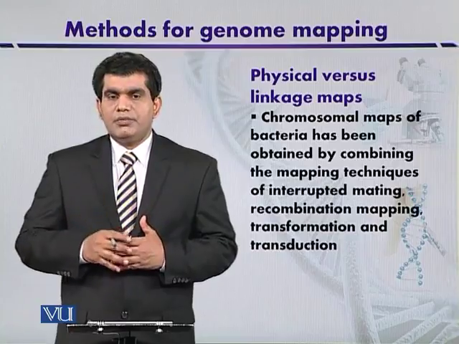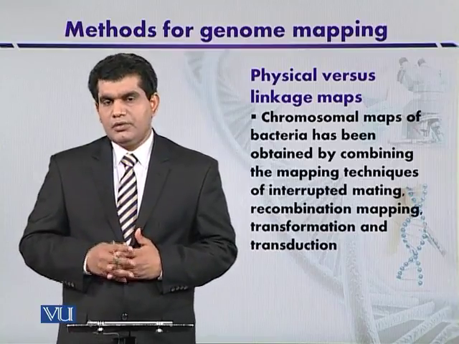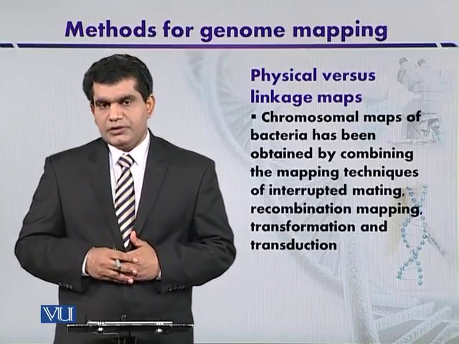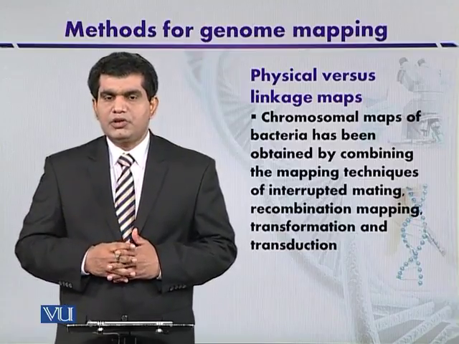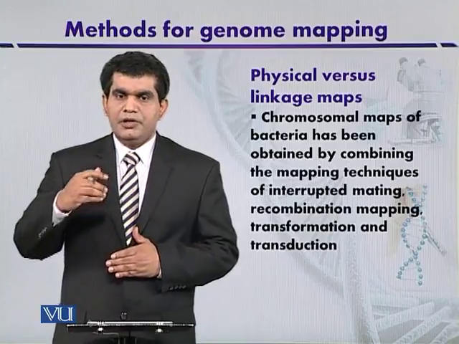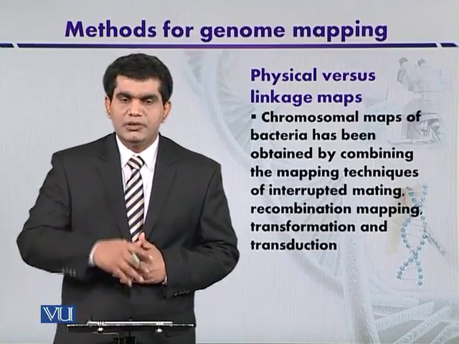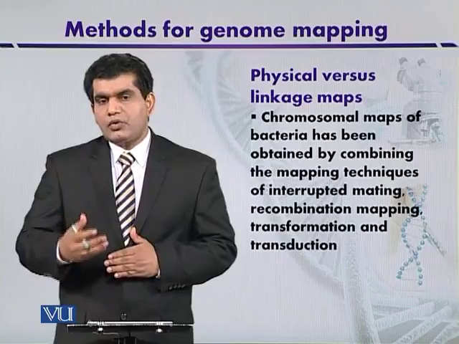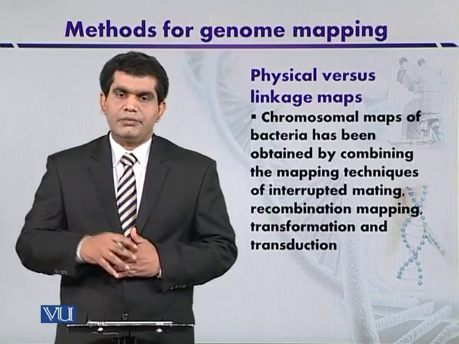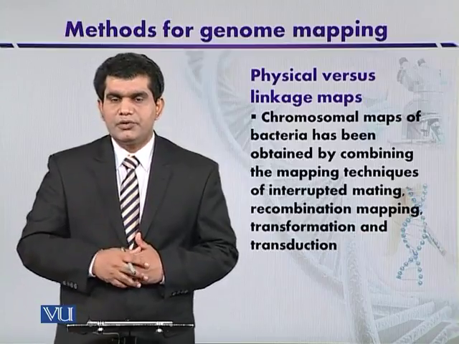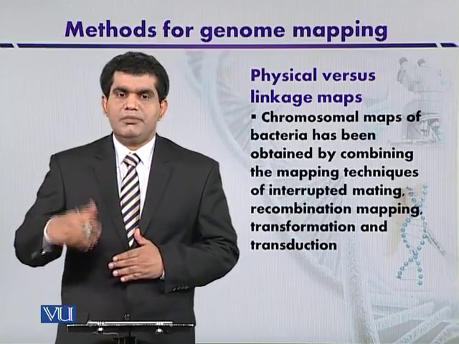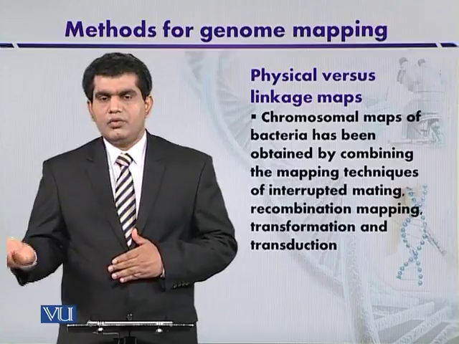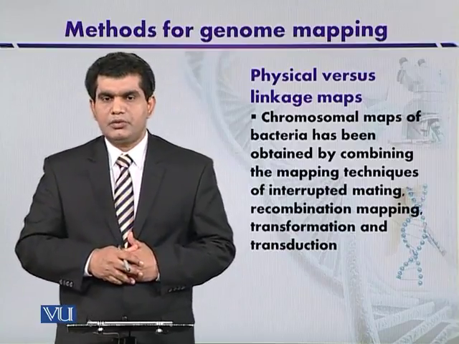Now if we take the example of very simple microbes like E. coli or bacteria, a number of maps have been obtained and different techniques have been used, like interrupted mapping, recombination mapping, the process of transformation, where microbes can take naked DNA from the environment, and a transduction process where some vectors like bacteriophages can transfer DNA from one host to another host or microbe.